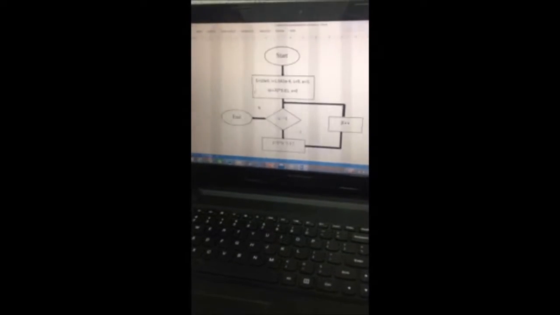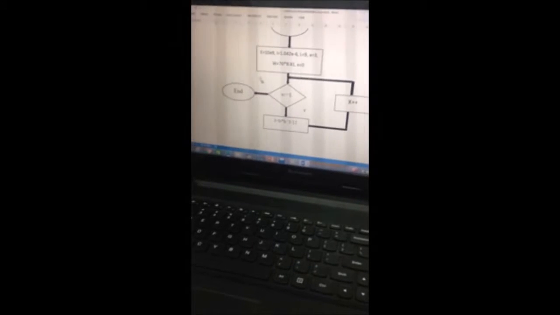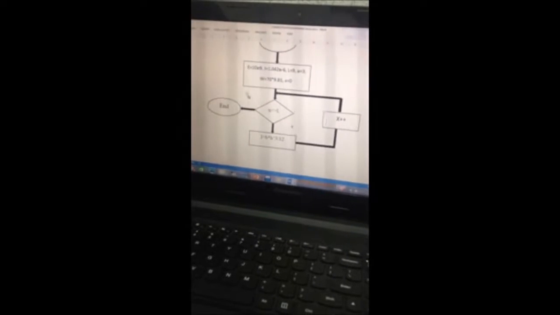As you can see here, we start and then we fix the values: the modulus of elasticity is 10 to the power of 9, the moment of inertia is 1.042 times 10 to the power of negative 6, the length is 9 meters, the weight is 70 kilograms, times 9.81 in Newtons. I also set the value of x equal to 0.